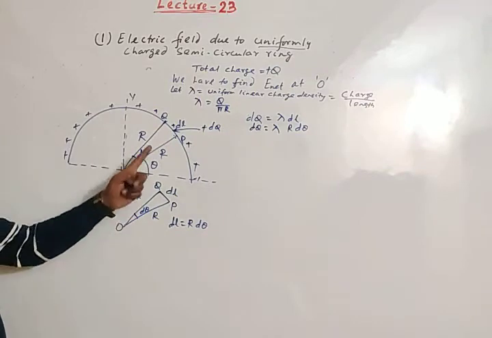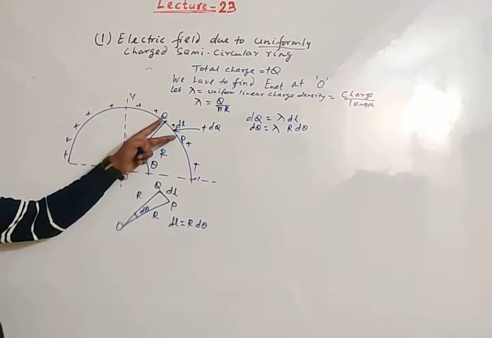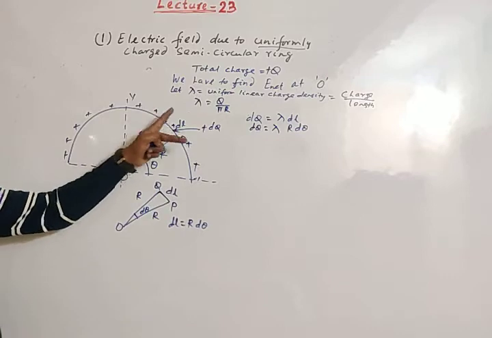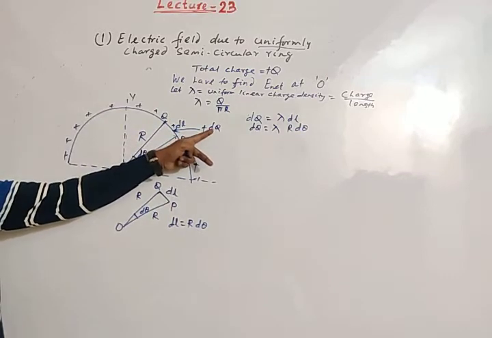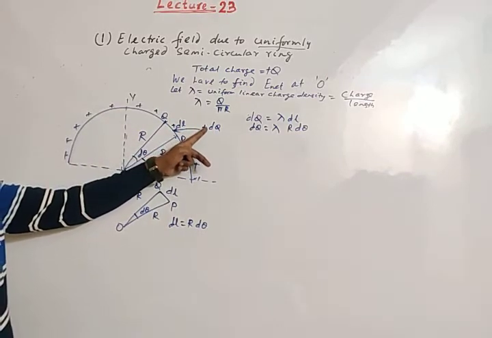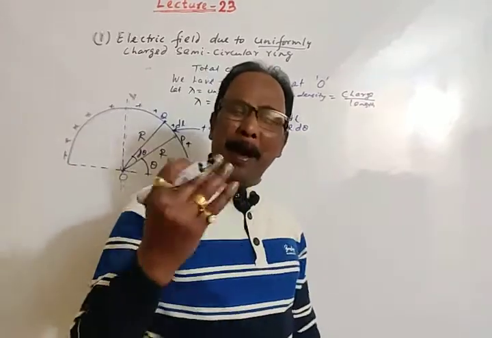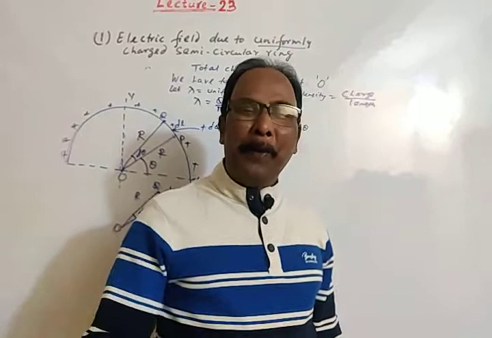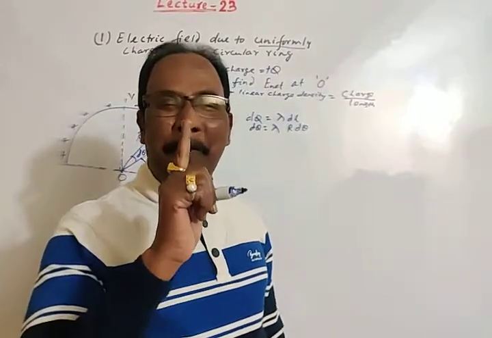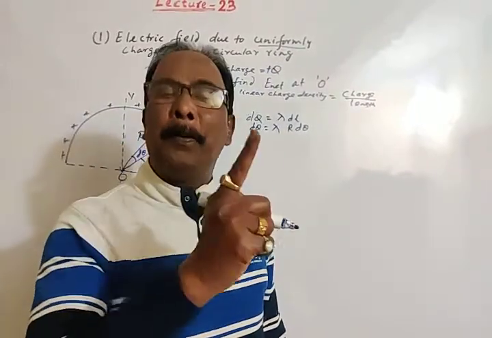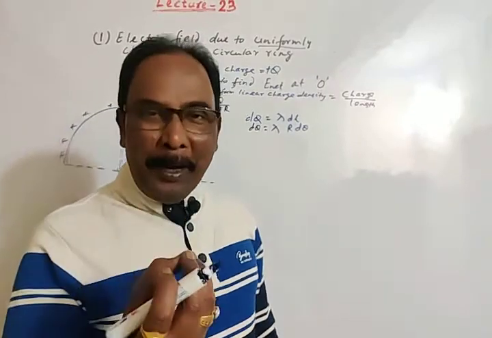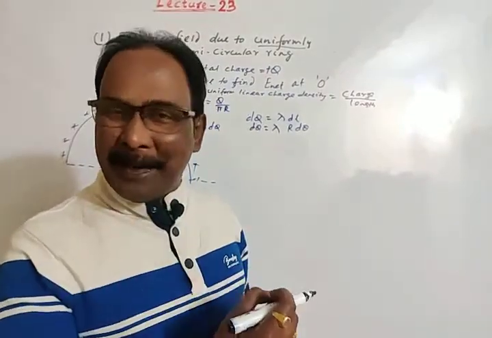Then electric field at O due to this elemental length containing charge plus dq. Again the basic principle: where we have to find electric field, we have to place a unit positive charge or test charge.